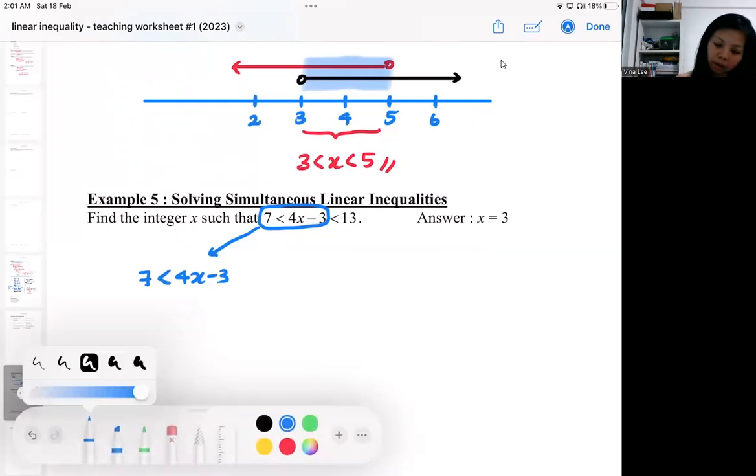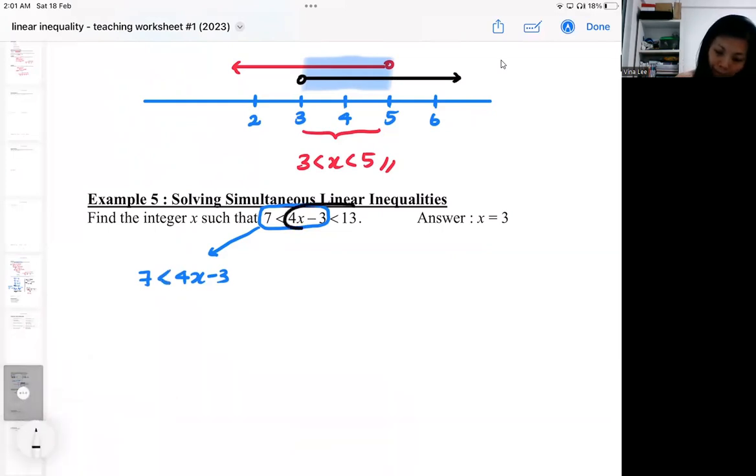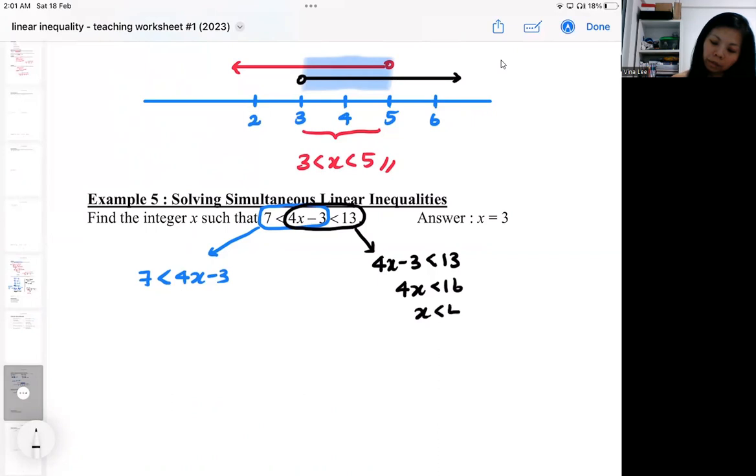Then this will be the second half. Then you do them separately. Maybe I'll do this one first. So that will be my second inequality.